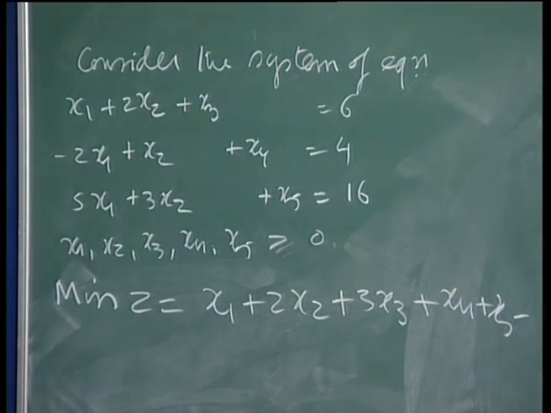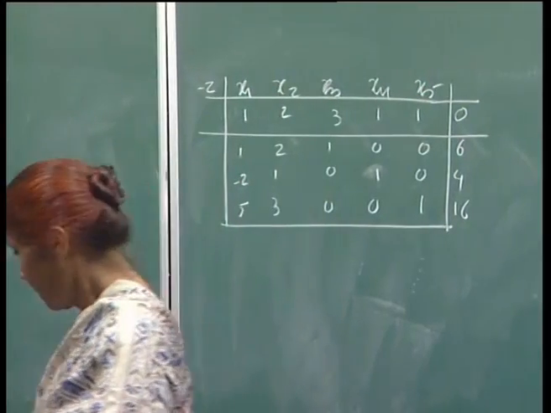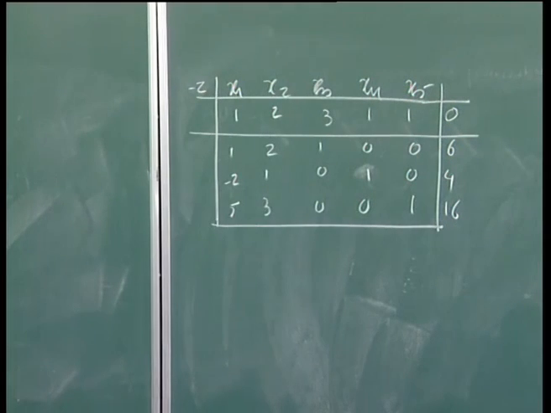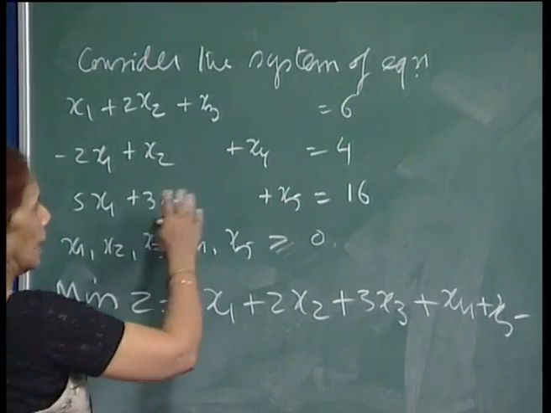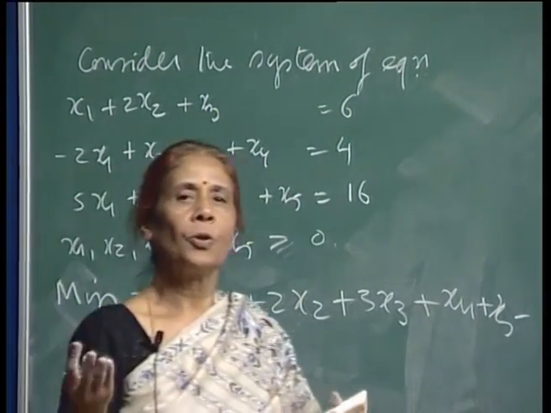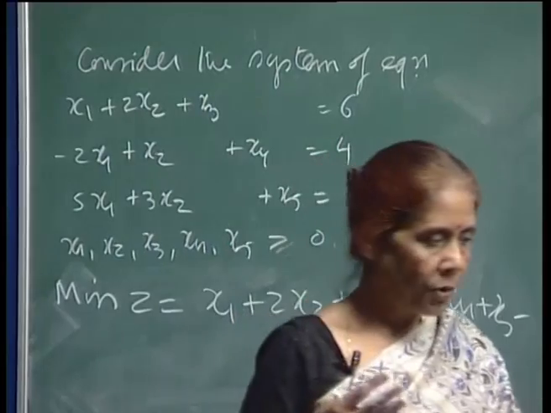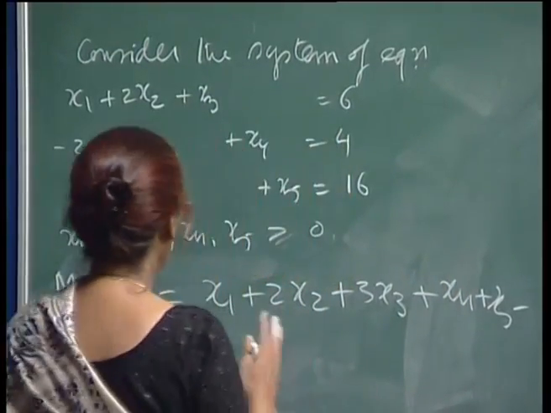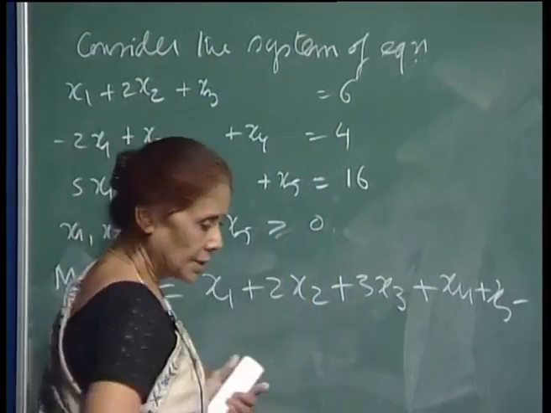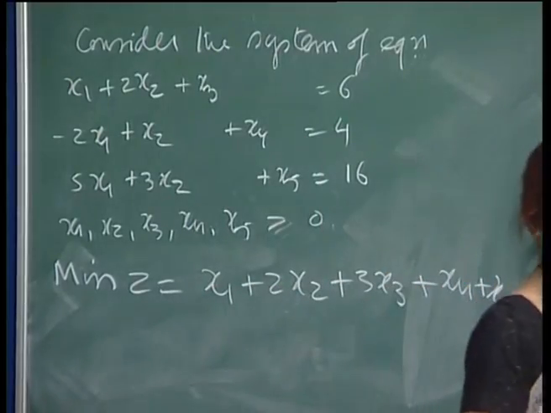Now, another point which some of you may have thought of is that I am starting with this system of equations and doing elementary row operations. I hope you are all aware that elementary row operations do not change a system of equations.